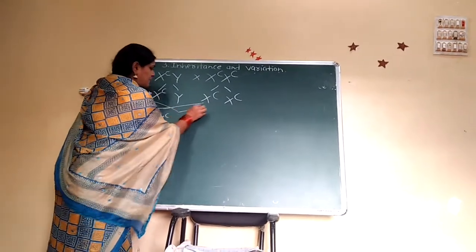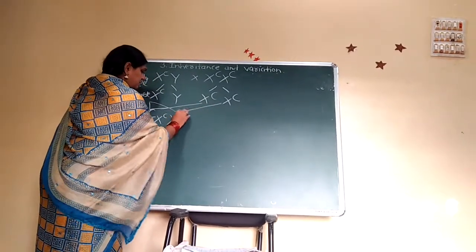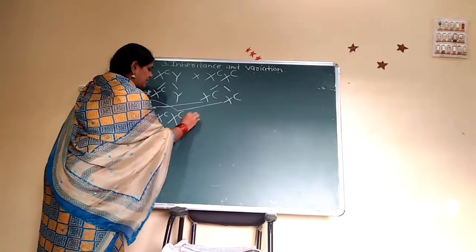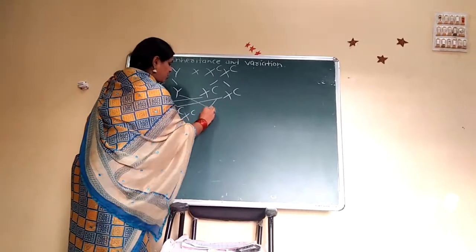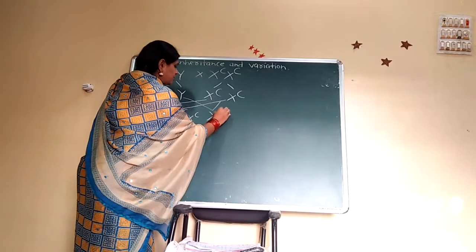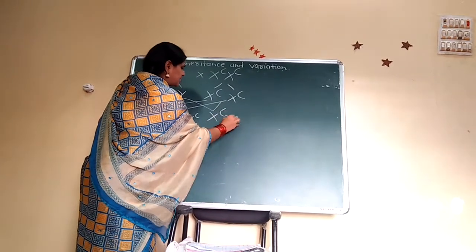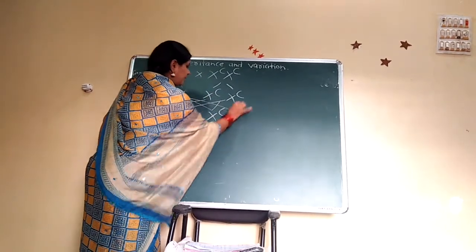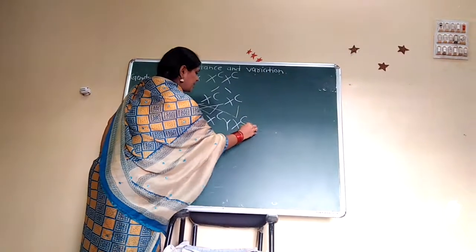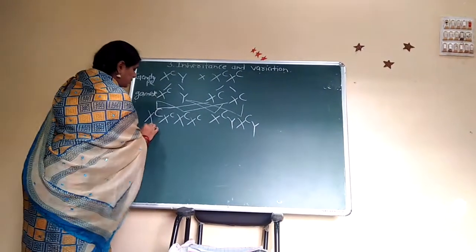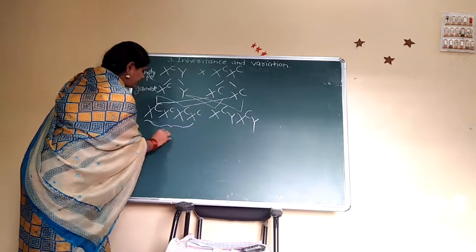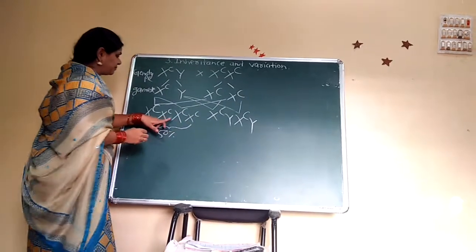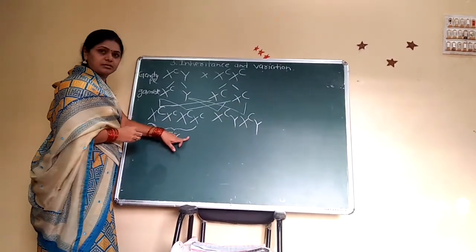Then when these are crossed with this, which is also X capital C, X small c, and fused with X capital C, Y, and here also X capital C, Y, these 50% daughters are normal.